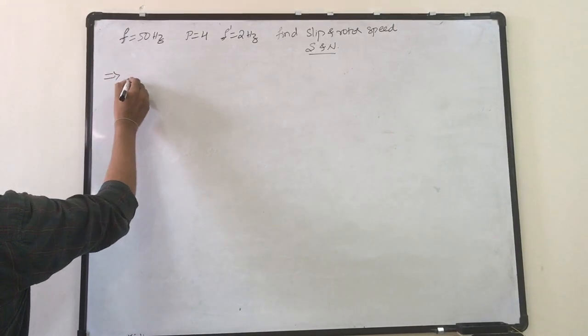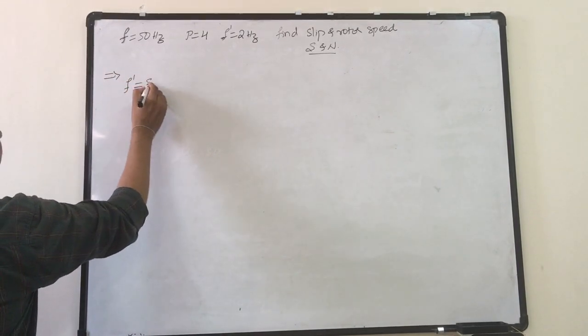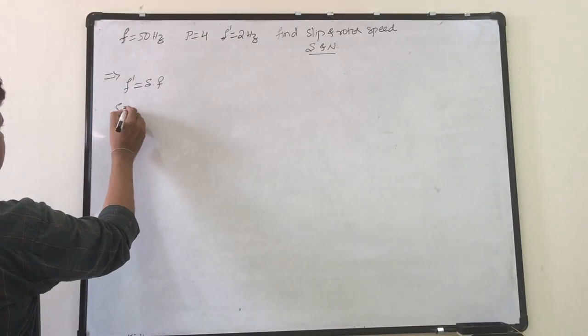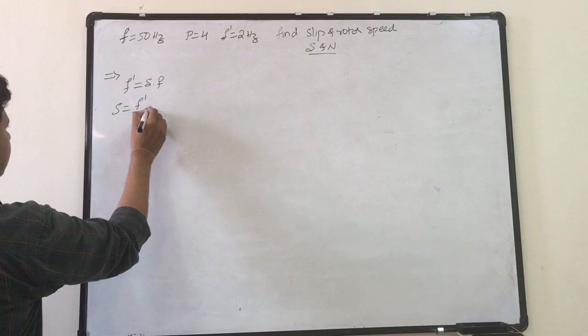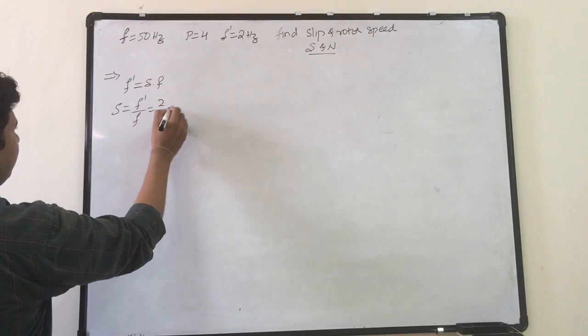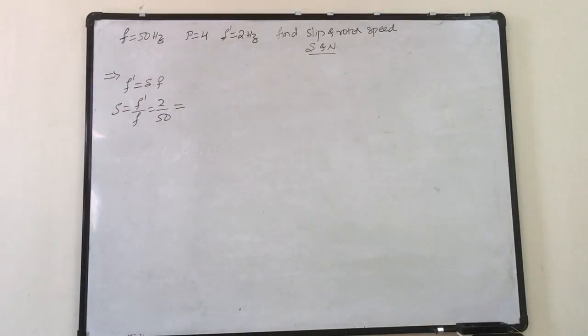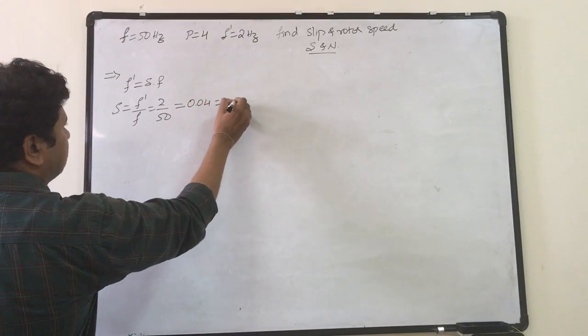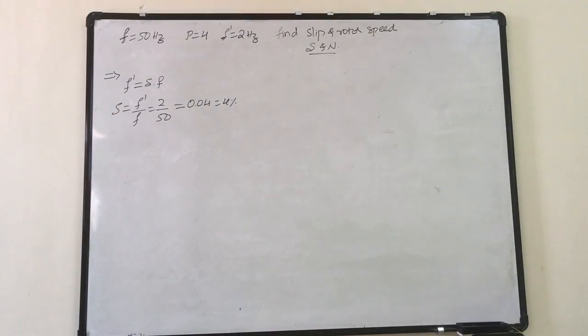F dash is equal to S into F. Then S is F dash upon F, that is 2 divided by 50. S is equal to 0.04 or 4%.